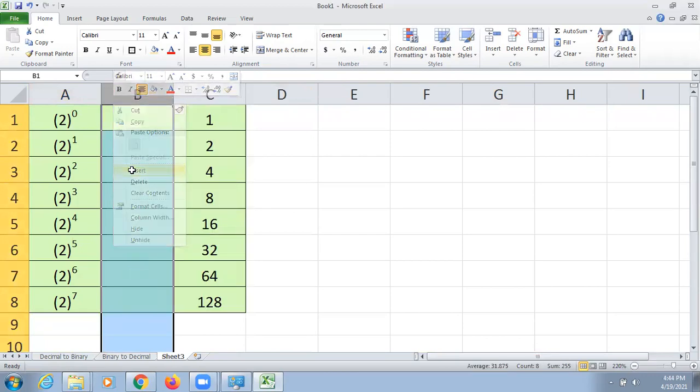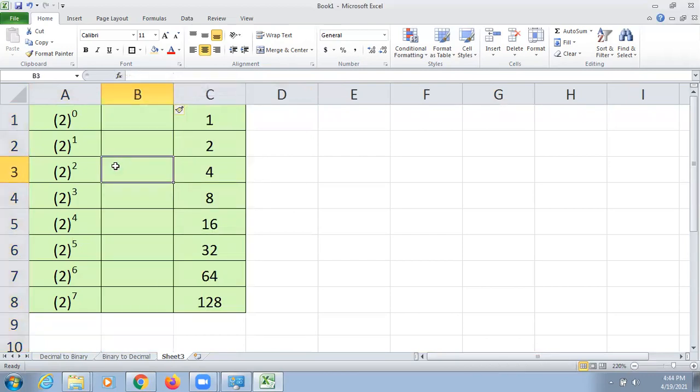I can also explain it. Write it like this: 2 multiplied by 2. Next number is 2 multiplied by 2 multiplied by 2.